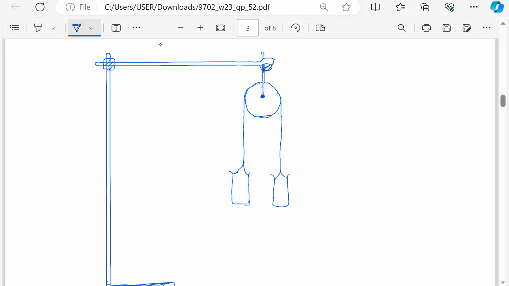So I'll show that I'll put a stopper or a lid. Then in here I should put oil.